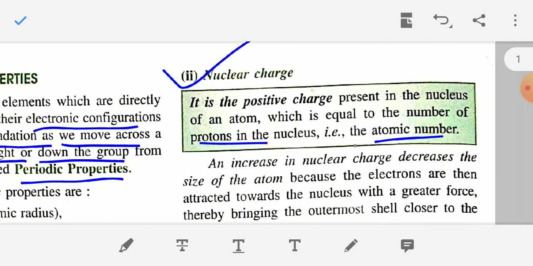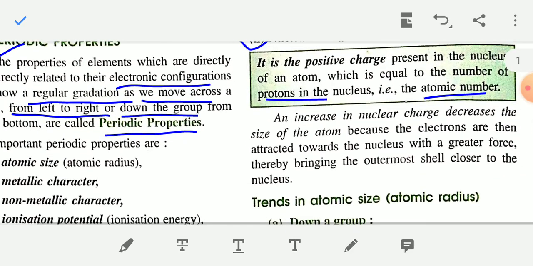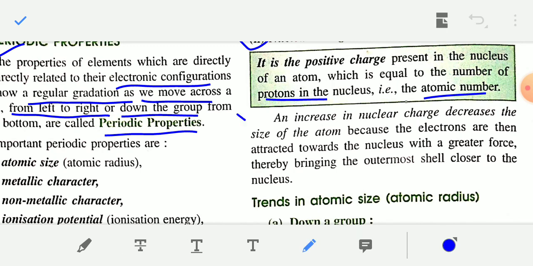An increase in nuclear charge decreases the size of the atom. Why? This is because the electrons are negatively charged and the nucleus is positively charged due to the presence of protons.